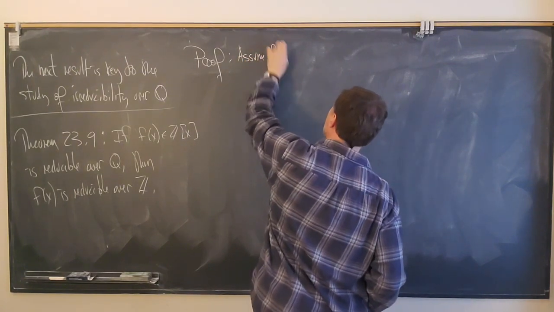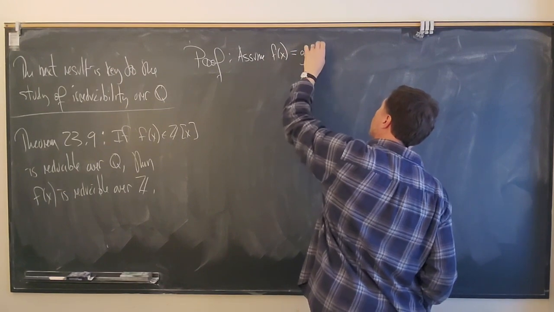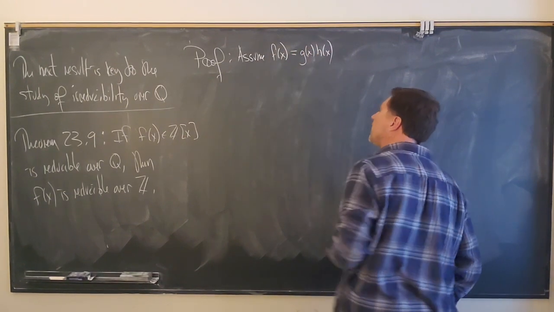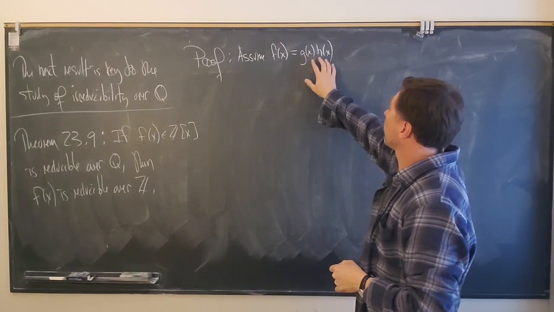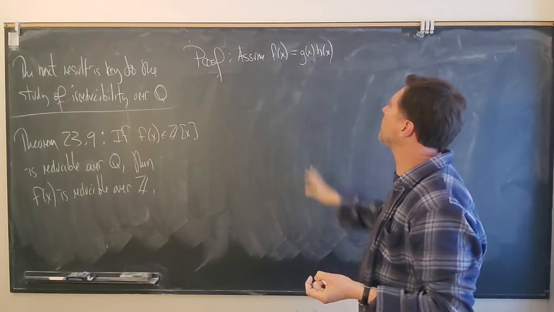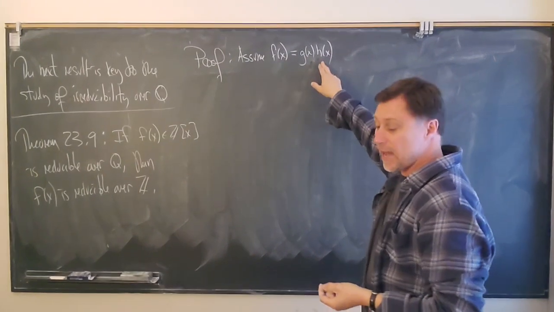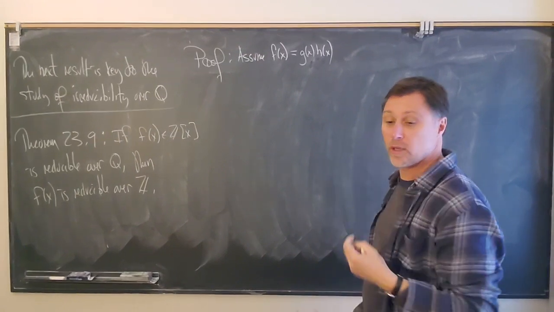that f of x equals g of x times h of x. So suppose we can factor it, and now we're going to allow g of x and h of x to live in Q[x]. And we want this to be an honest factorization, which means that the degrees of both g and h have to be strictly less than the degree of f.